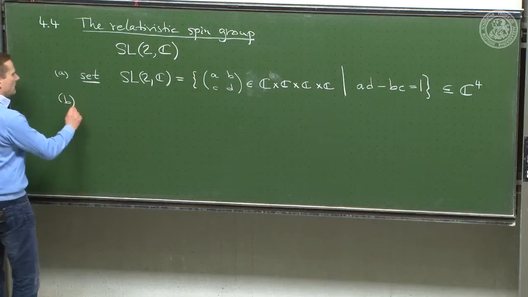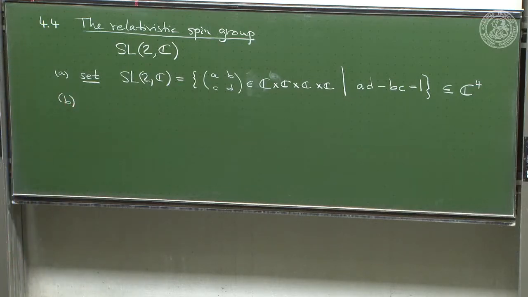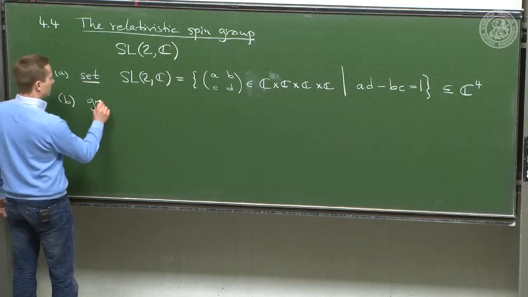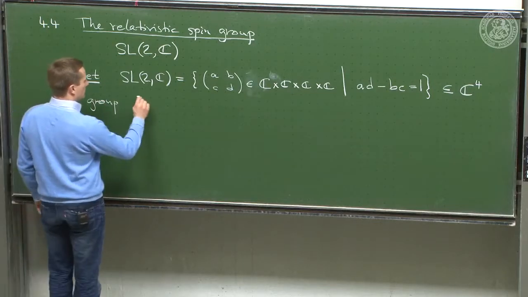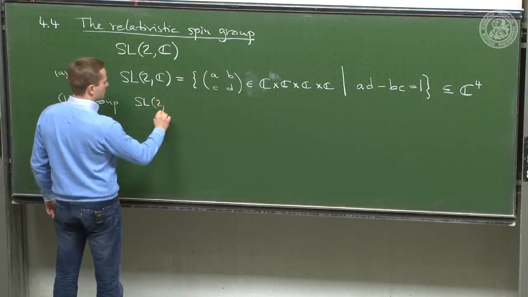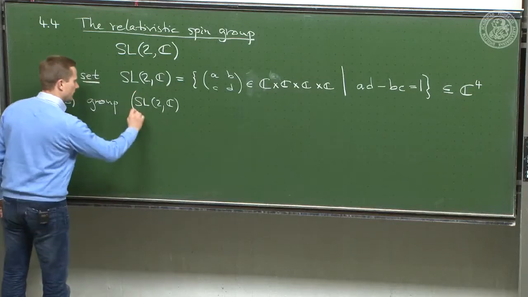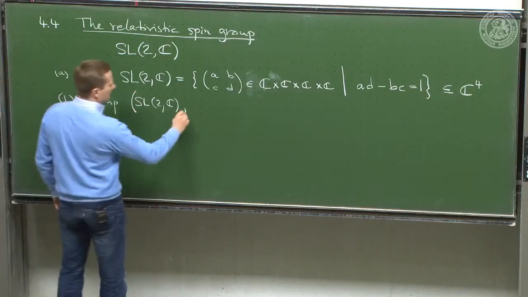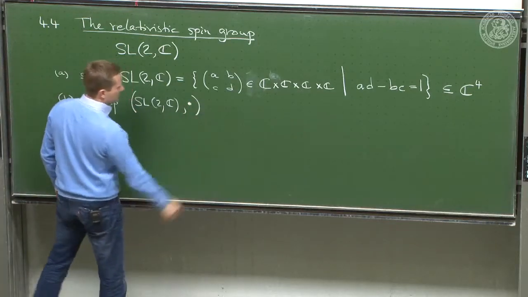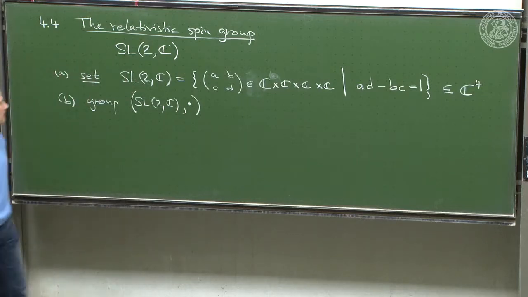Well, but now we make the set into a group. And the group is then SL2 C. A group is first and foremost a set, but then it has a group operation which we call blob.